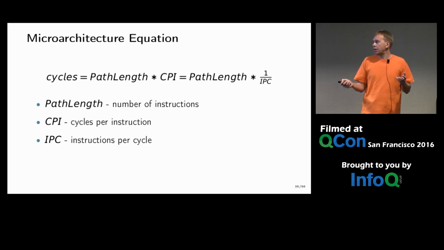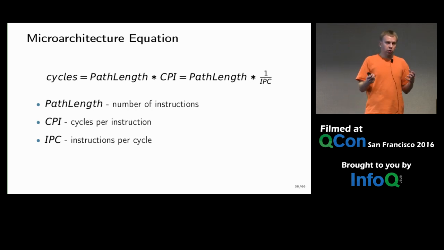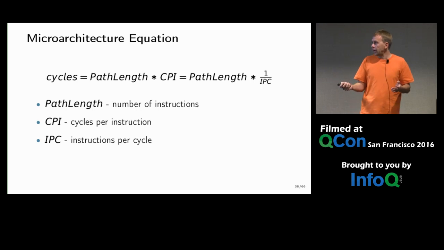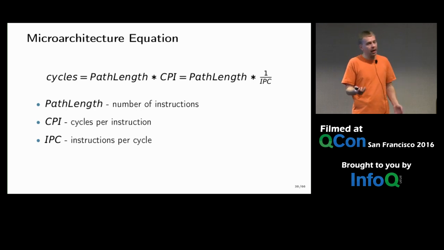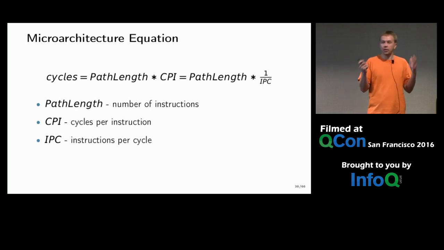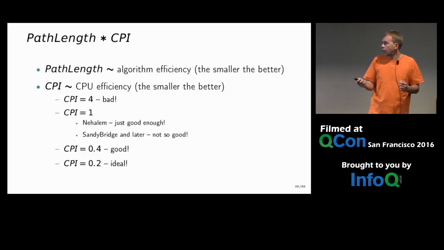Our goal is to reduce the number of cycles, so we have to reduce the result of that multiplication. Our optimization should reduce path length or reduce CPI, or maybe it's better to reduce both of them. But sometimes I reduce CPI but increase path length after optimization, and that's okay if the result of the multiplication is still lower. And what does it mean?